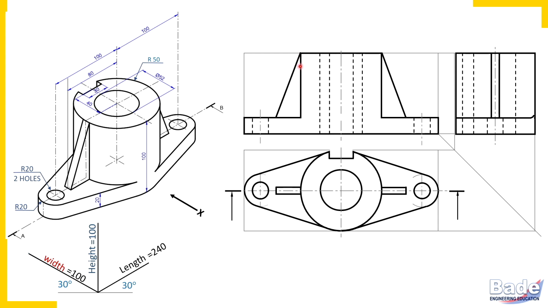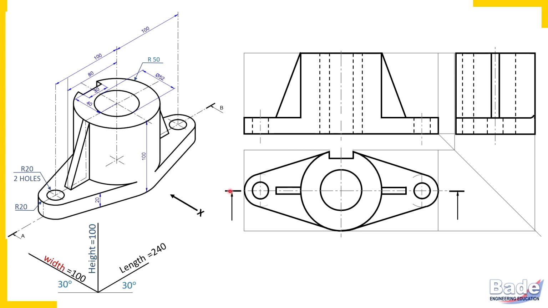And then if the largest surface of a plate appears in sectional view, then the plates are assumed uncut. So this triangular plate, and also on this side the triangular plate, we should assume uncut. That means we are not going to draw hatching lines in these triangular plates.